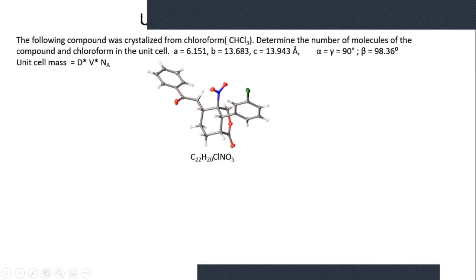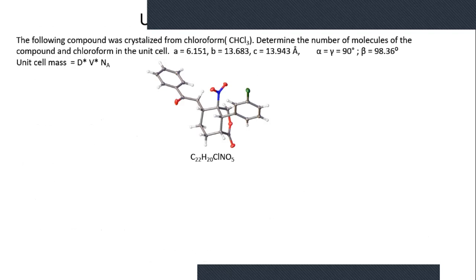The last thing I want to do for calculations is determine the number of molecules of the compound and chloroform in this unit cell. We have this compound that was co-crystallized with a solvent, chloroform, and this is not very unusual.